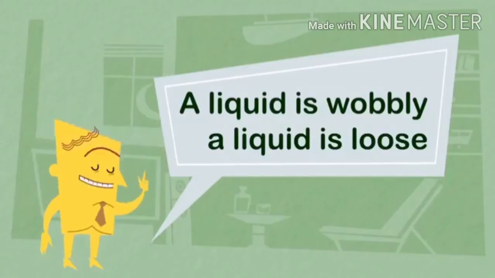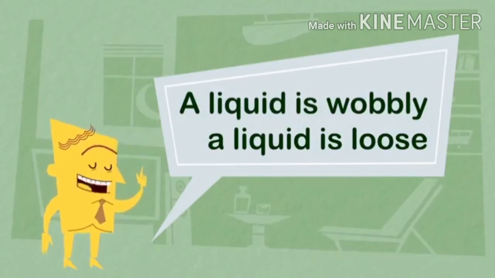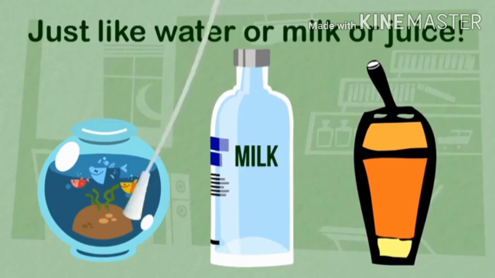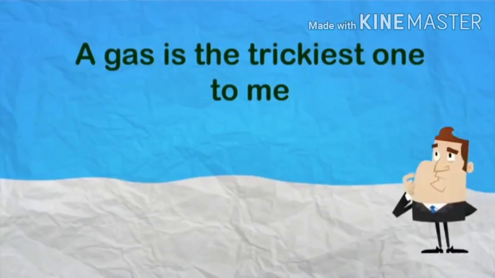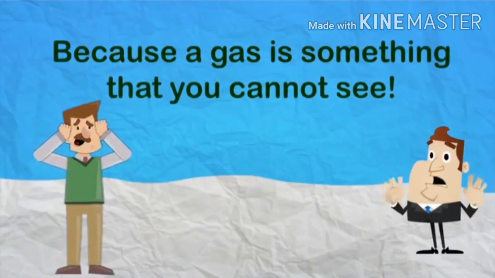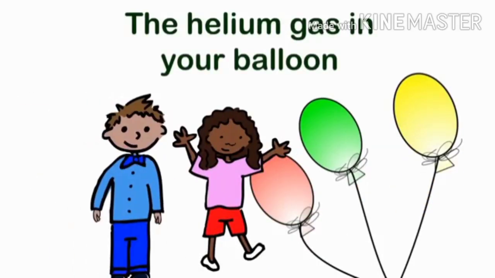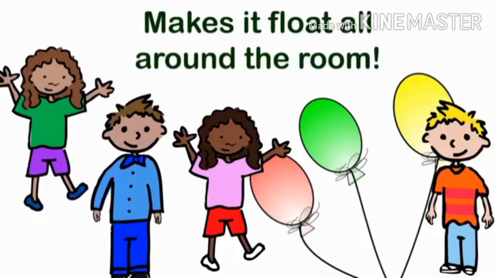A liquid is wobbly, a liquid is loose, just like water or milk or juice. A gas is the trickiest one to me because a gas is something that you cannot see. The helium gas in your balloon makes it float all around the room.